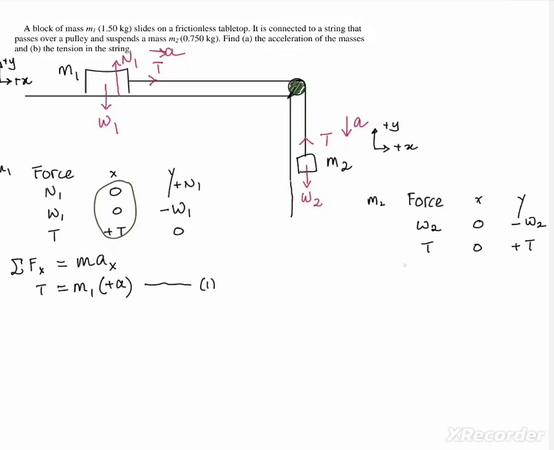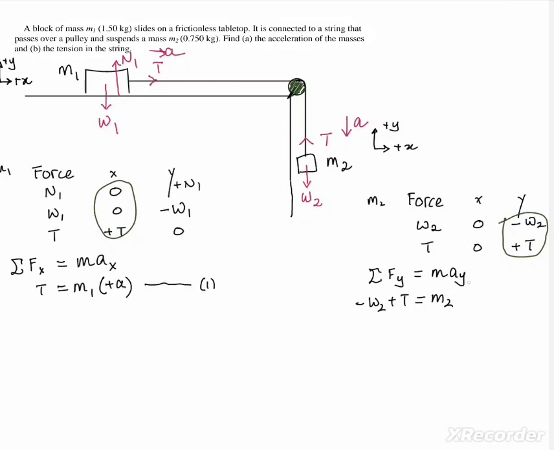For m2, because m2 is traveling in the y direction, we will look at the y component of F equals ma. So this is what we are looking at here. So the summation of y components will be negative w2 plus t, and that is equal to m2 times a.